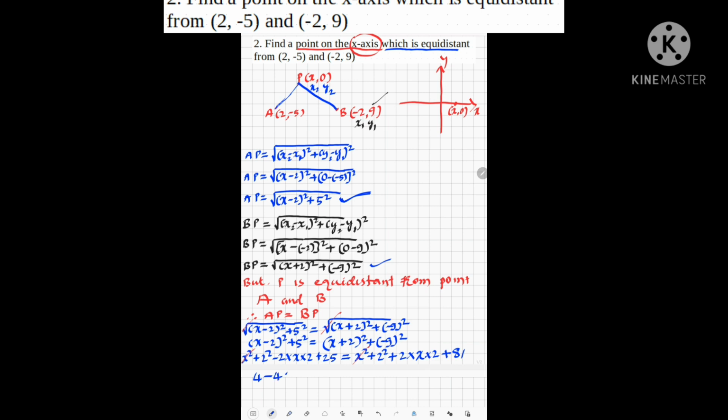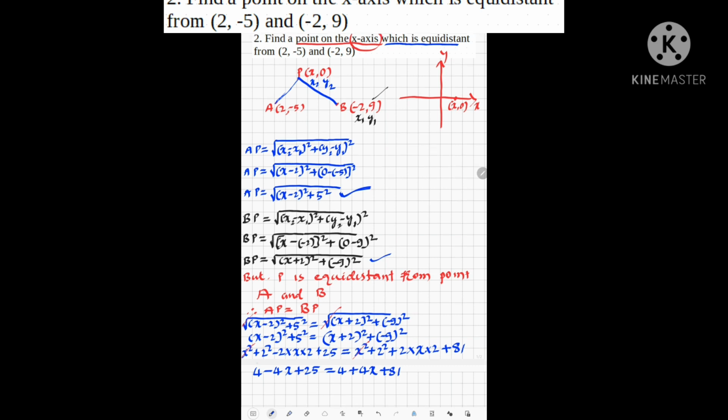Then this is 4 minus 4x plus 25 is equal to 4 plus 4x plus 81. Here the 4s cancel. Can I write like this? 4x plus 81 is equal to minus 4x plus 25.